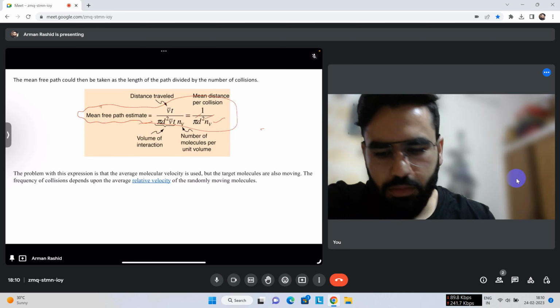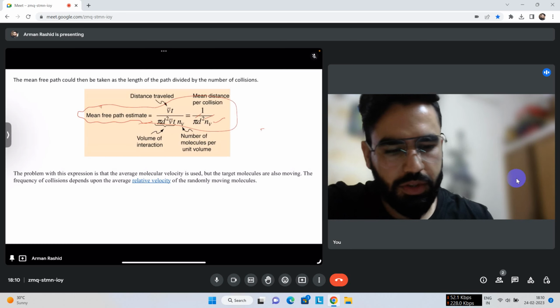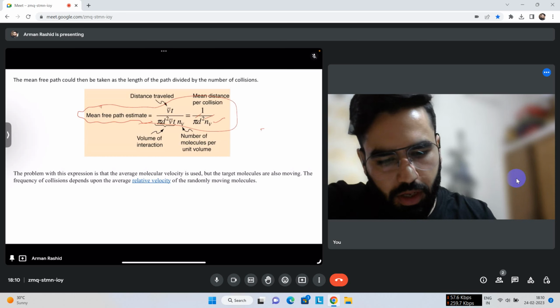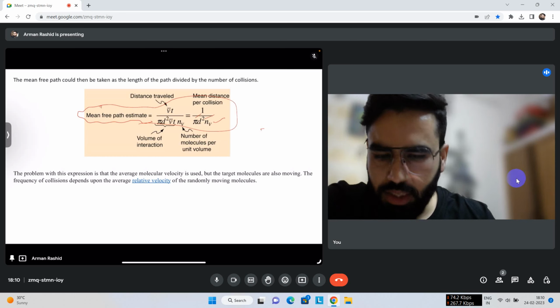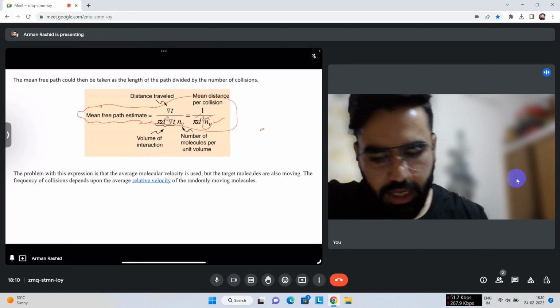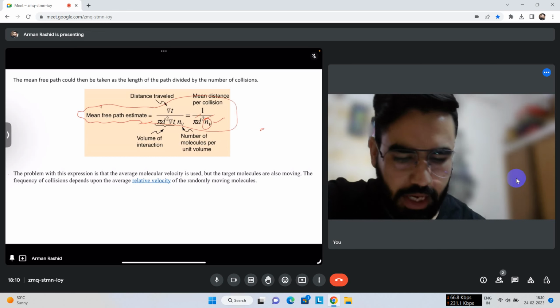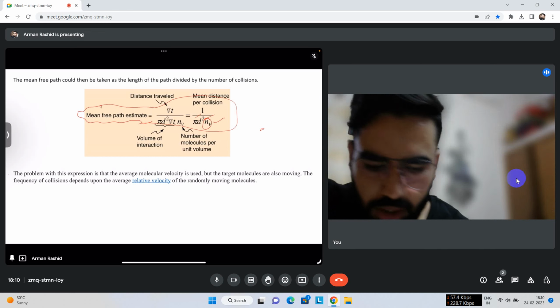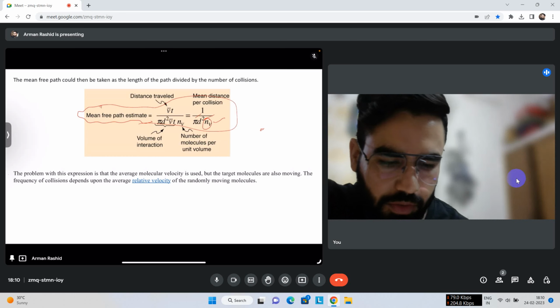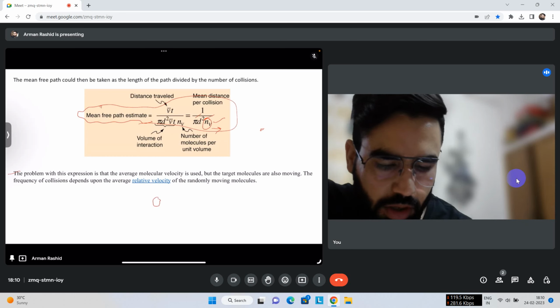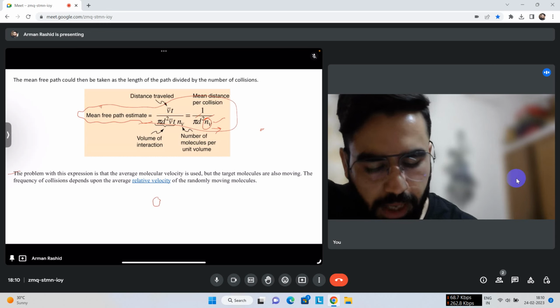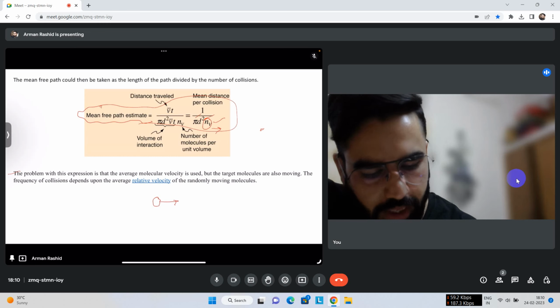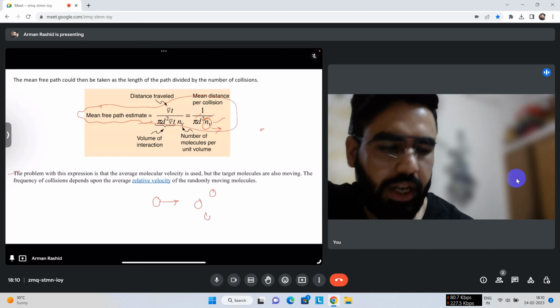But the problem with this expression is that the average velocity of the molecules is used. This is only true when the molecule for which we are calculating the mean free path is moving while the other particles are static, but that's not actually the case.